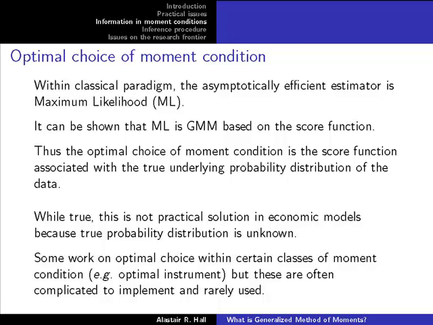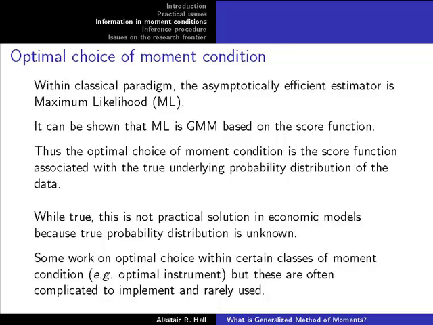Now, that's very easy to characterize, to write down, but it turns out not to be very useful for us, because if you think back to the beginning of the talk, when we explained the popularity of GMM, what was so nice about it was that it gave us a way of estimating the parameters of our economic model, given the information and the restrictions that we got out of the economic model.